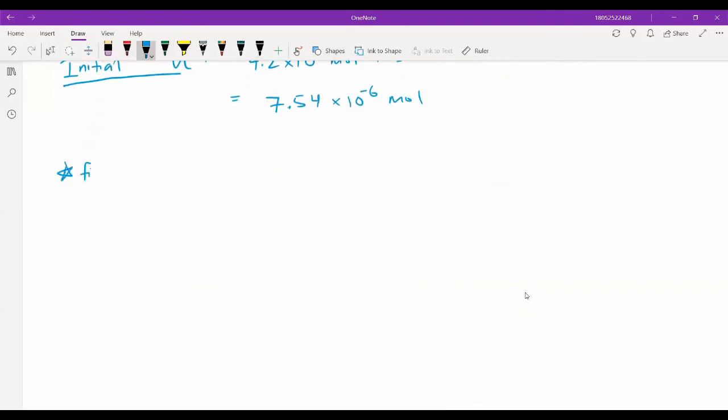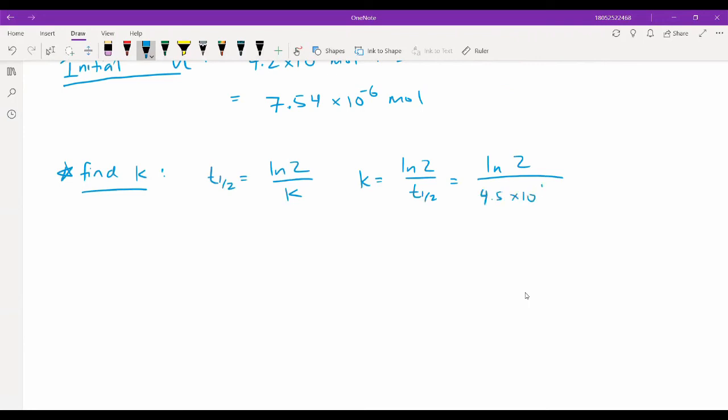So find K. Okay, so we have t1/2 equals natural log of 2 over K. So K is going to be ln 2 over the half-life, which is 4.5 times 10 to the 9th years. We'll just keep it in years. This gives a rate constant of 1.54 times 10 to the negative 10 years to the negative 1. So there's our K value.